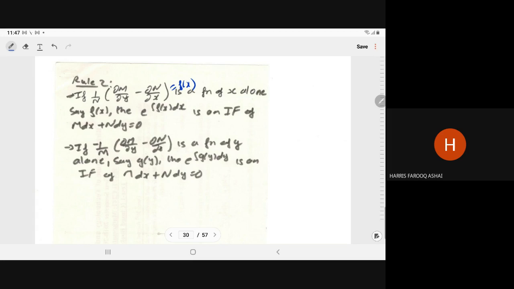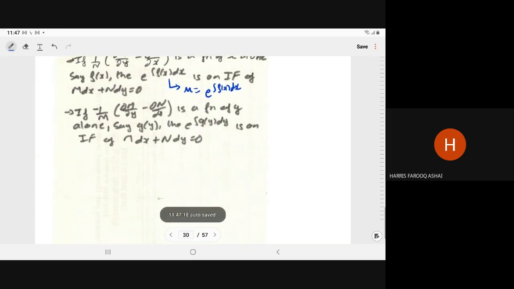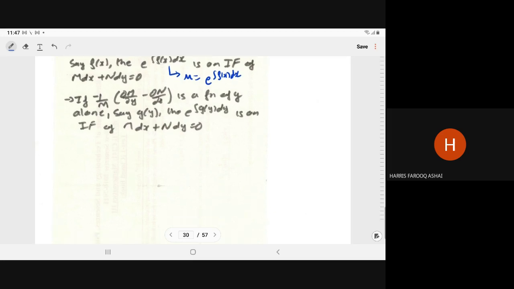Then the integrating factor mu will be e to power integral f(x) dx. This will be the integrating factor of the equation M dx plus N dy. Similarly, if minus 1 upon M into del M by del y minus del N by del x is a function of y alone, say g(y), then e to power integral g(y) dy is an integrating factor of M dx plus N dy is equal to 0.